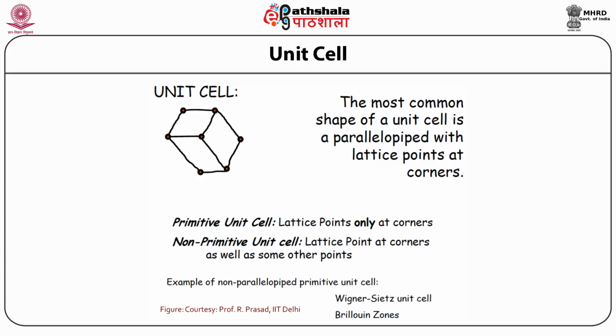A primitive unit cell has lattice points only at the corners, whereas a non-primitive unit cell has lattice points at the corners as well as some other points. Now, examples of non-parallelopiped primitive unit cells are the Wigner-Seitz unit cell and Brillouin zones.